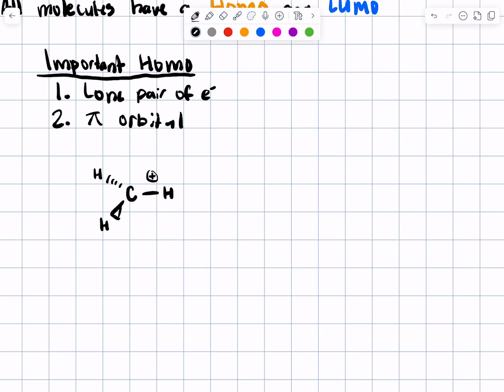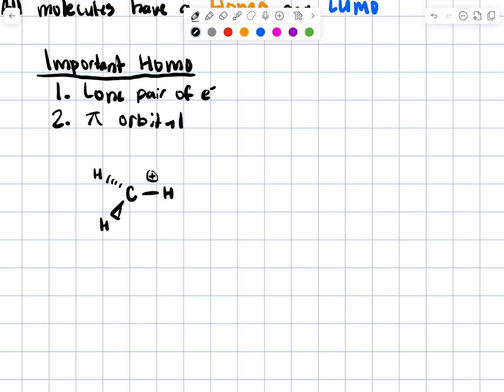Now, if I have a molecule, and if I do not see a lone pair anywhere in the molecule, and I do not see a pi orbital or a pi bond anywhere in the molecule, I don't care what my HOMO is. I'll still have one. It's probably going to be some sigma star or some empty orbital somewhere, but it's not going to be significant enough to perform chemistry.